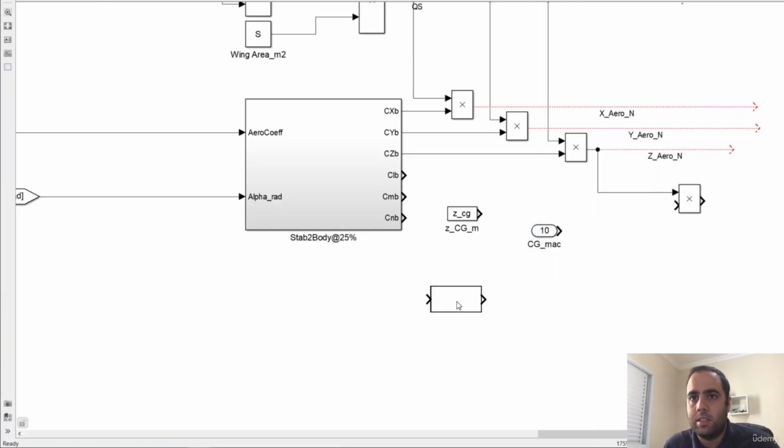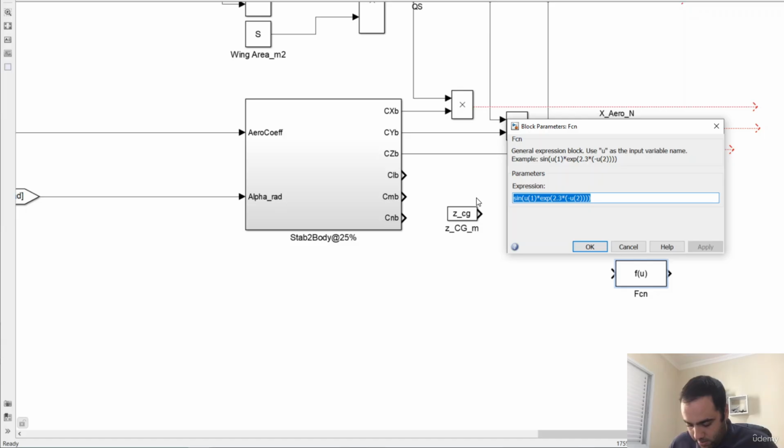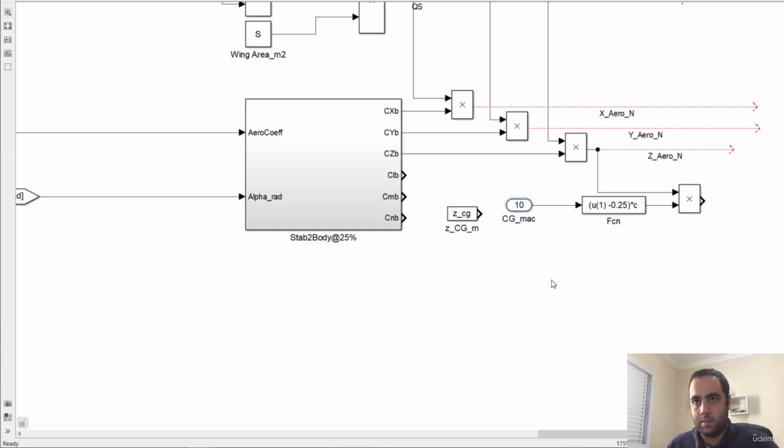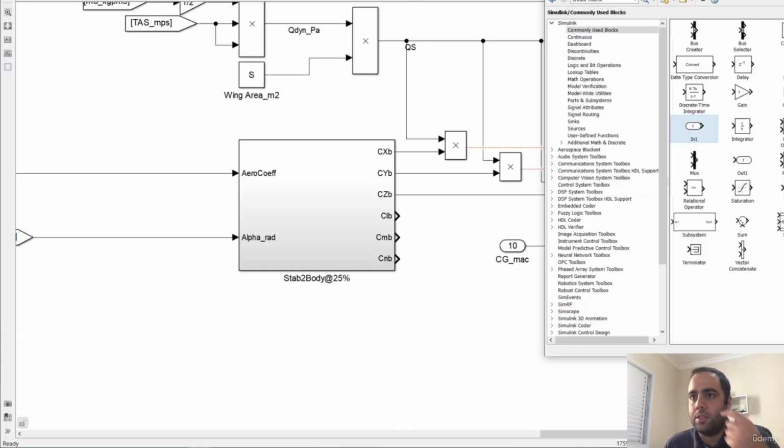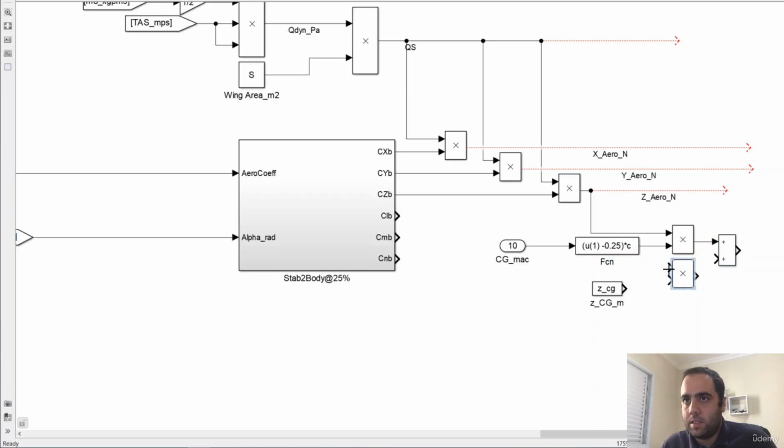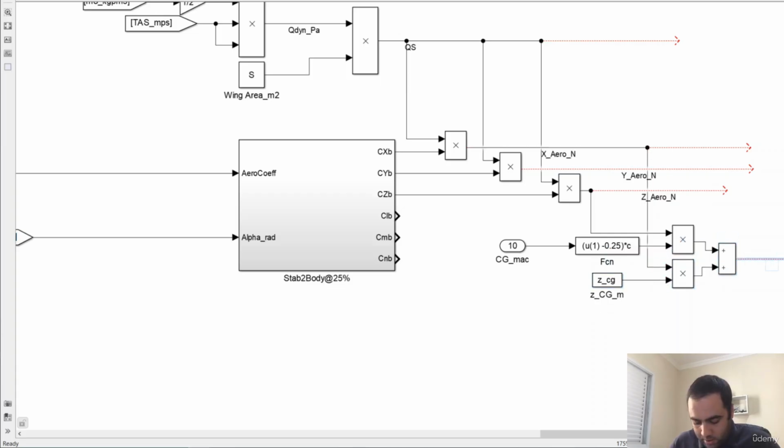So this is going to be the input, which is just 1 minus 0.25 multiplied by the reference chord C. And we have to add the x-force components. And what comes out here is the M aero in newton meters.